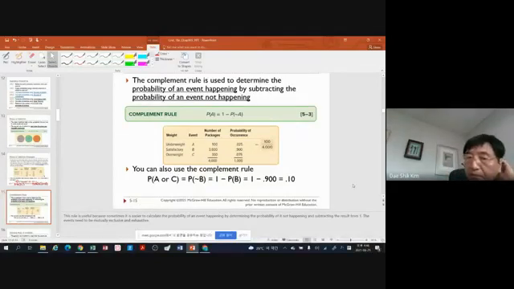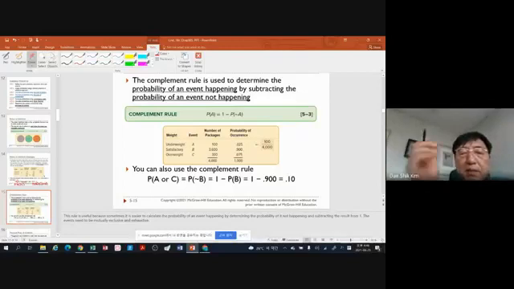Complement rule: you need to understand what a complement is. The complement rule is determining the probability of an event happening by subtracting the probability of it not happening.